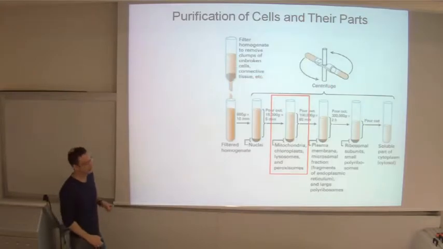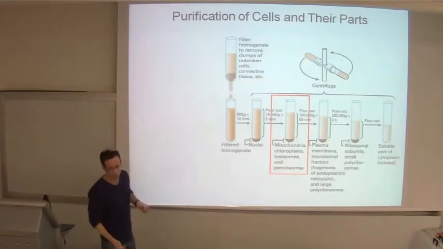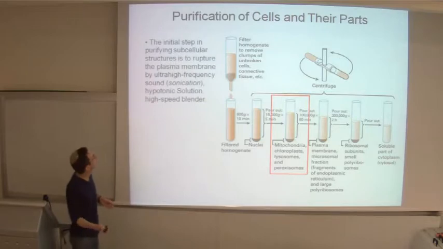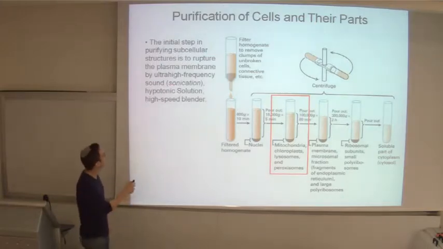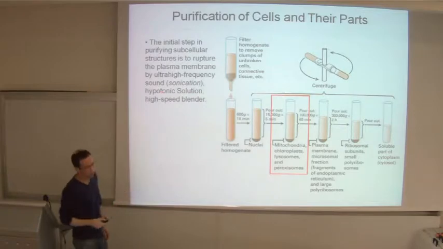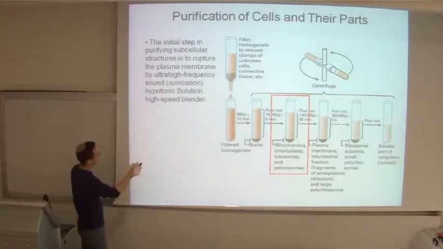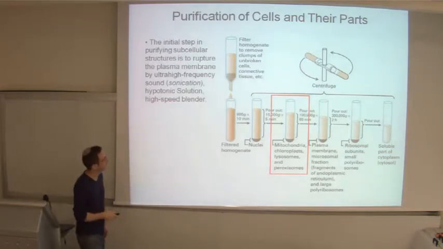Next, if you want to separate organelles from inside the cell, what we first have to do is go through the plasma membrane, right? So we have to rupture the plasma membrane. We can do it either by ultra-frequency sound delivery, which is called sonication, a hypertonic solution, a solution low in salts, or just use a good old high-speed blender, not very sophisticated, but you just have to break the plasma membrane and it works.